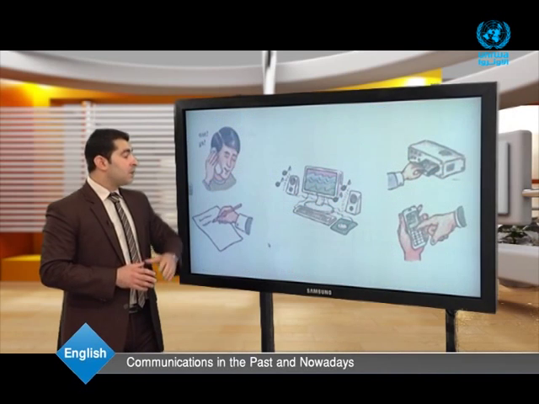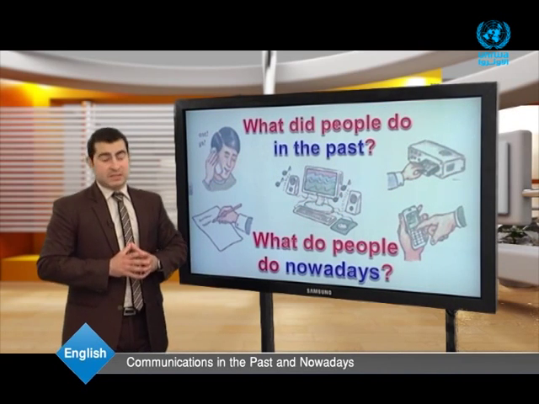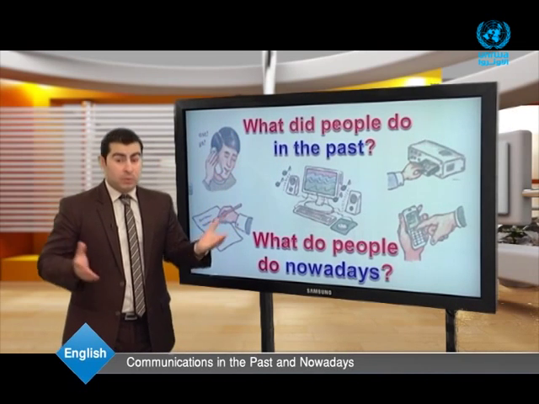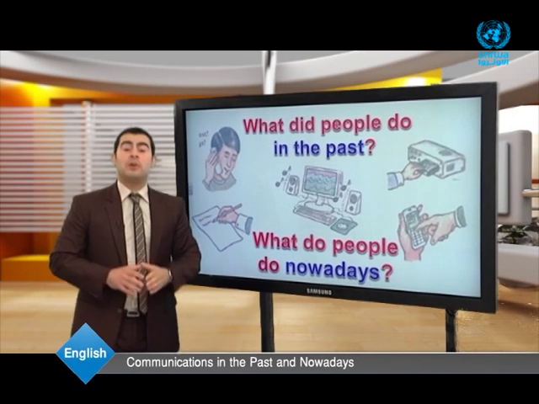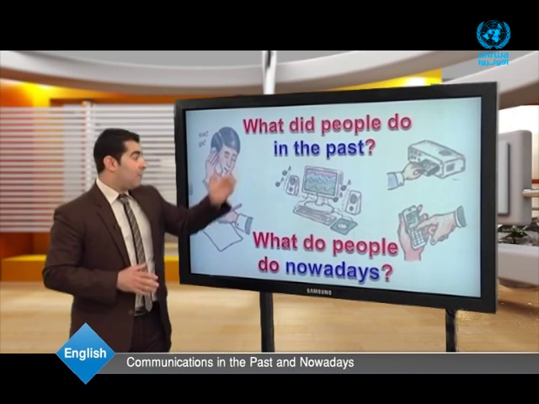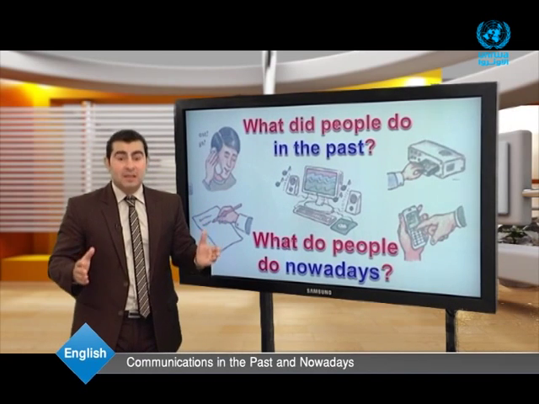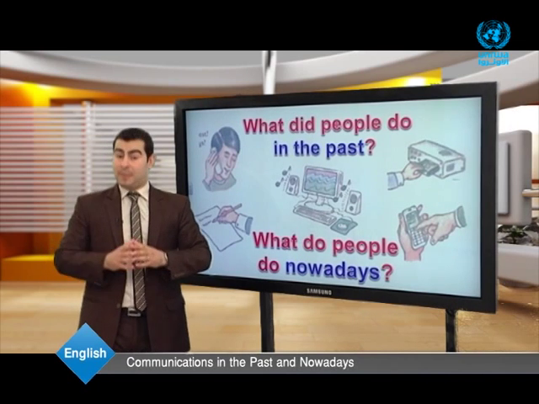Now, dear students, let's look at these pictures. We have 2 questions. What did people do in the past? The second question is, what do people do nowadays? So we have in the past and we have nowadays. And as we said, communication today is different from in the past.